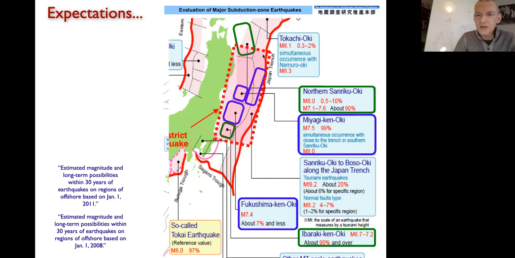So you see, this is the area of the Tohoku event of March 2011, and it's including this.